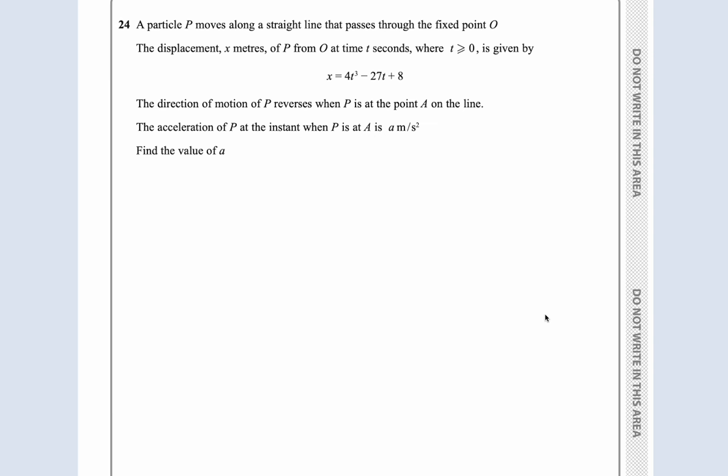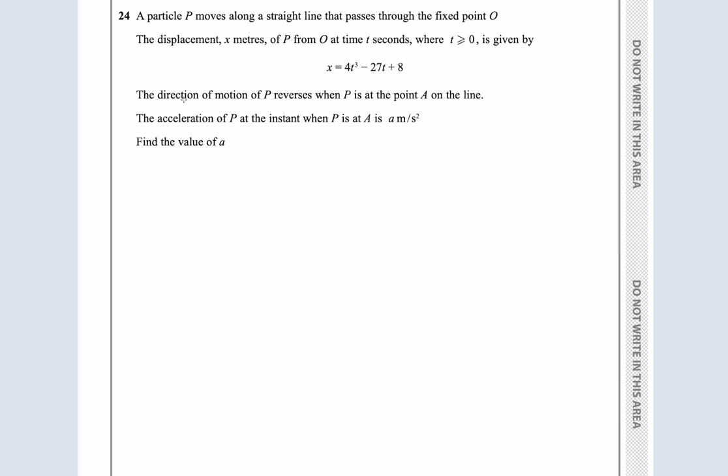Okay, question 24. A particle P moves along a straight line that passes through a fixed point O. The displacement x is given by this. The direction of motion reverses when P is at the point A. The acceleration of P at the instant when P is at A is this. Find the value of A. Okay, this is quite a difficult question, to be honest, guys.